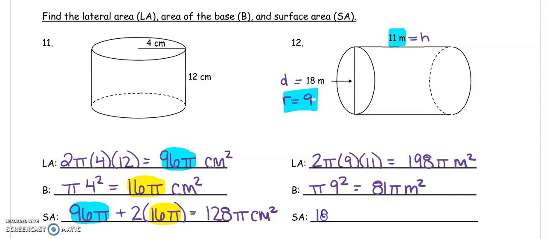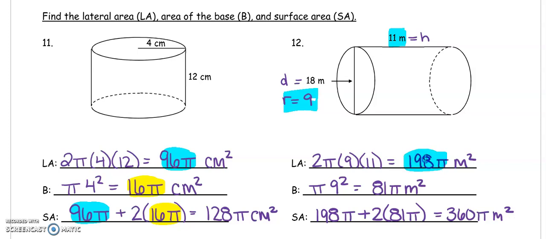And then the surface area, I'm going to take that lateral area and add 2 of the bases to it. So that's 198 pi plus 2 times 81 pi. We'll do that part first, 2 times 81, and then add the 198. We'll get that that is 360 pi meters squared.